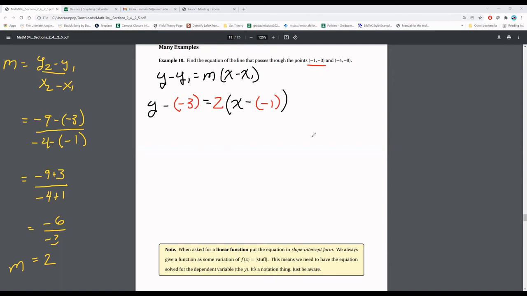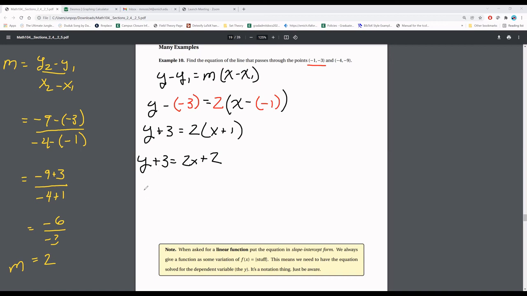And then I can carry out all of these operations. That becomes a y plus 3. That is 2 times, that's x plus 1. Carrying out that multiplication, that's 2 times x, which is 2x. 2 times 1, simply 2.